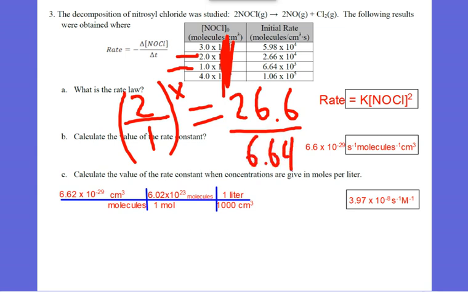Now both of them would be 10 to the 3rd, and if they're both 10 to the 3rd, then the 10 to the 3rds cancel out, and I pick up my calculator, do some math, and guess what 26.6 over 6.64 is? You got it, 4. So we have 2 to the x equals 4. Therefore, the impact of NOCl has a squared impact, or second order impact, on the rate law.